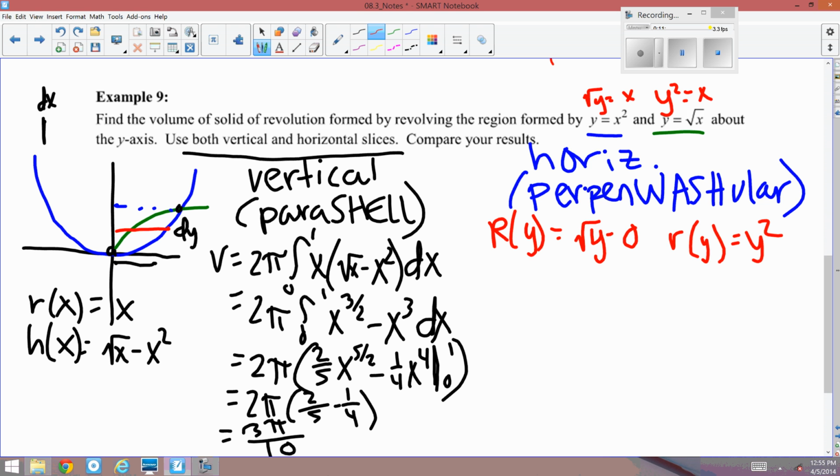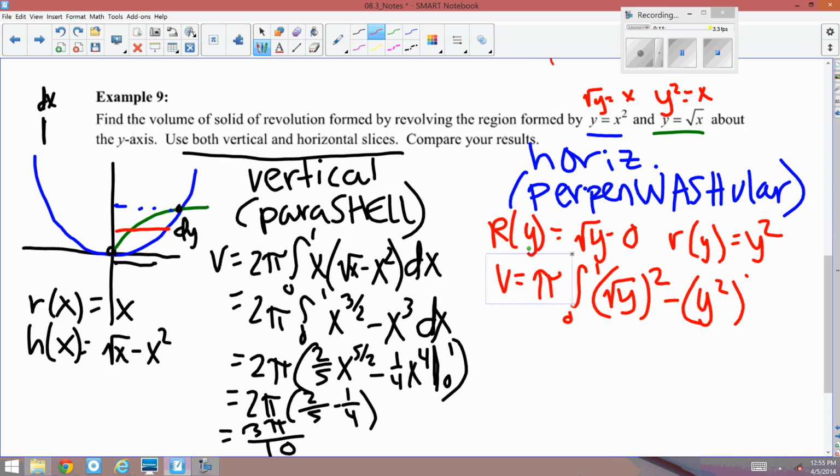So now I'm going to set up my volume, pi times the integral from 0 to 1, since the y values happen to be the same as the x values. Square root of y squared, big R squared, minus little r squared, dy.